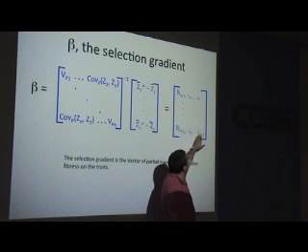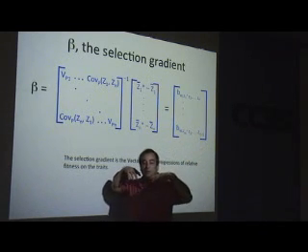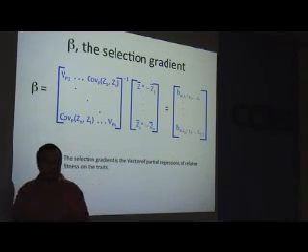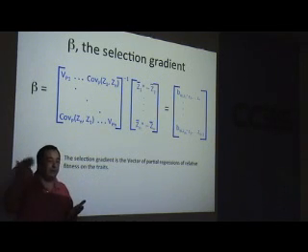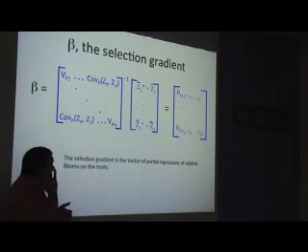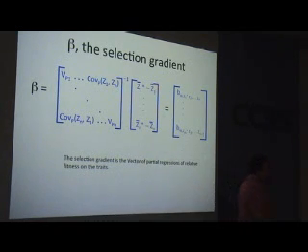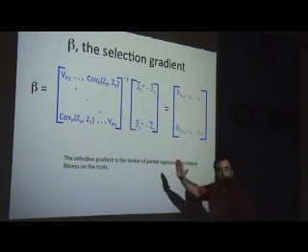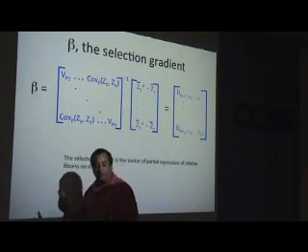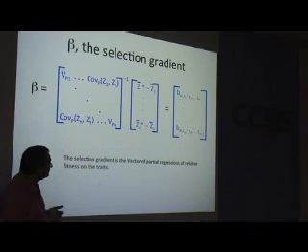In other words, we're going to do a partial regression of relative fitness on milk yield, holding butterfat constant, if you will. And this is kind of an interesting thing, because what that does is it points directly uphill. It always points uphill.